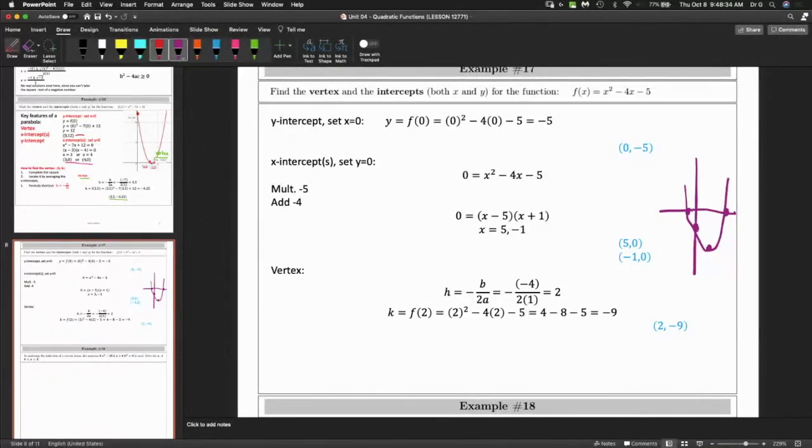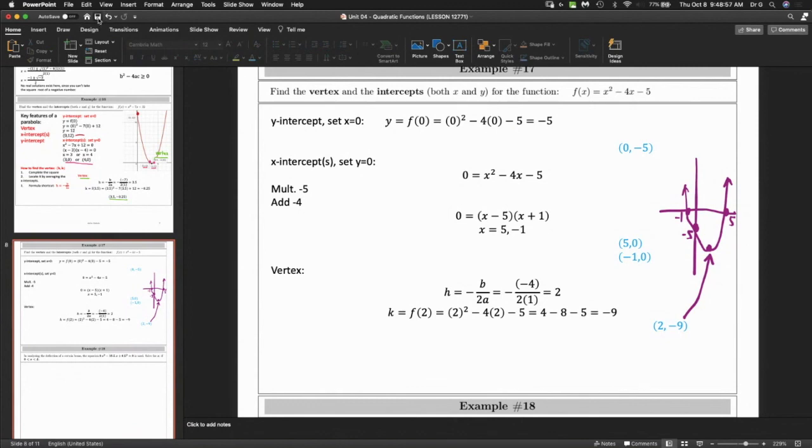It shouldn't be bent like that, but hopefully you can appreciate the graph. So that's negative 1, 5, negative 9, and then this guy over here is the vertex. So there is my 10-second sketch of the parabola.